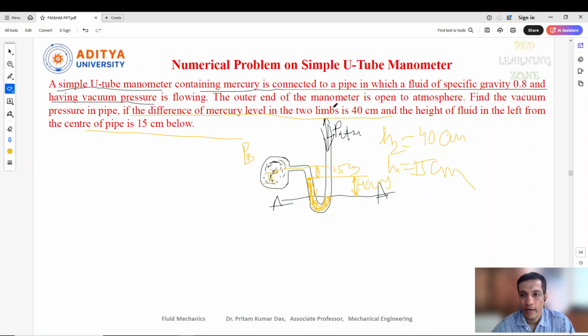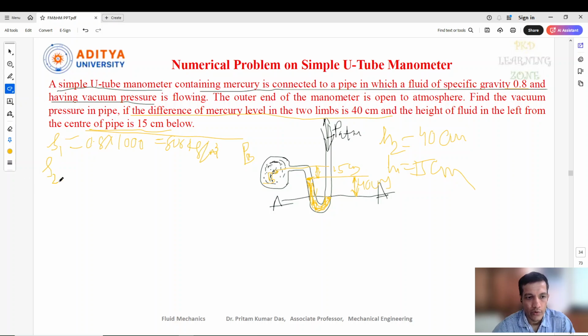That's it. Only two values are given, and one more, the specific gravity of the liquid which is flowing inside the pipe. So we know that rho 1 equals 0.8 into 1000, the standard liquid density, so we get 800 kg per meter cube.